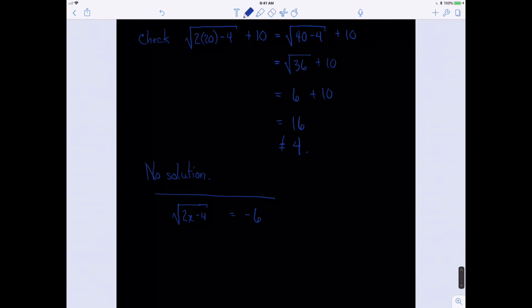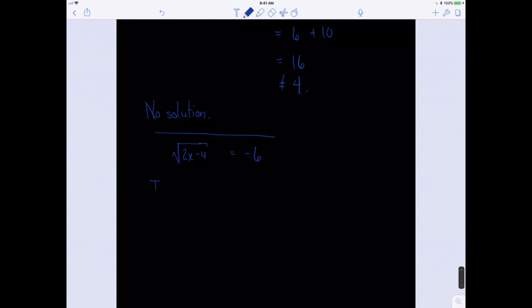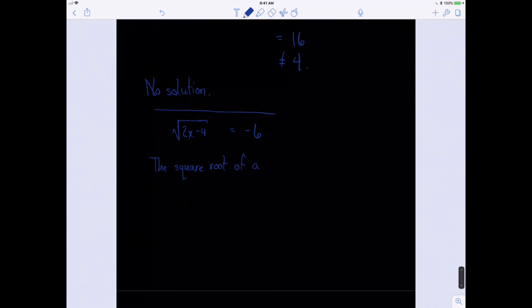Whenever you take, and I'll write this, the square root of a number, or in this case of a real number, and I say that because soon we're going to break a rule, but for now, the square root of a real number, which are all the numbers that you know, decimals and fractions, positives and negatives, is always positive.